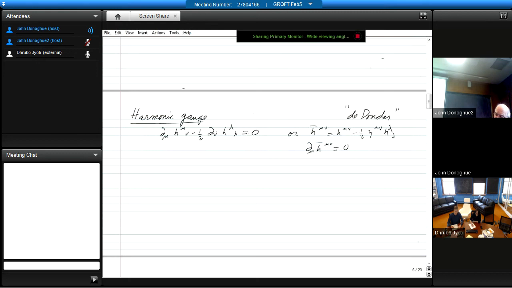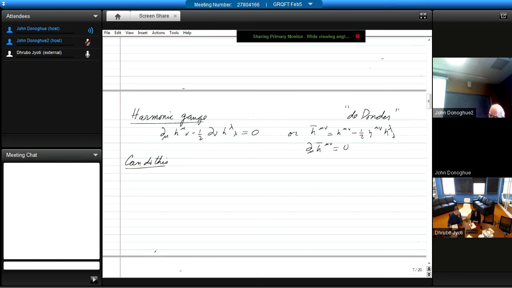It's not hard to see that you can do this. You can't always just make up an arbitrary thing and say that you can make that gauge change, but this one is not so bad.